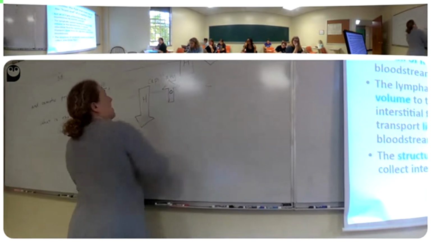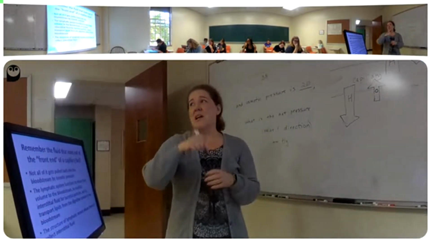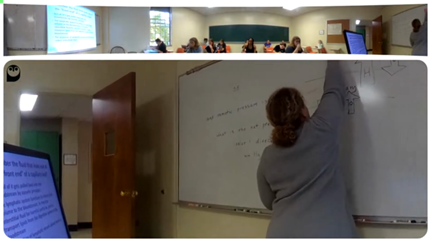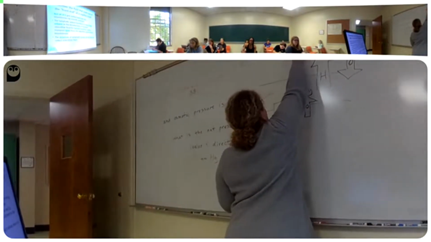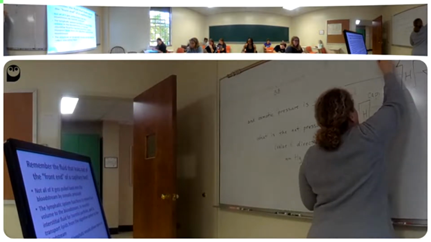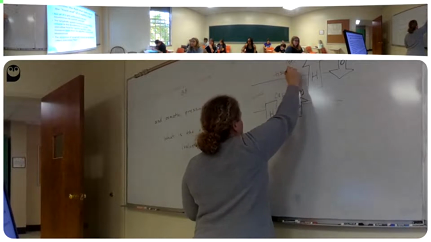And then out in this area is this fluid that has leaked out. There are a couple different names for this fluid. It can be called interstitial fluid, or it can be called tissue fluid.